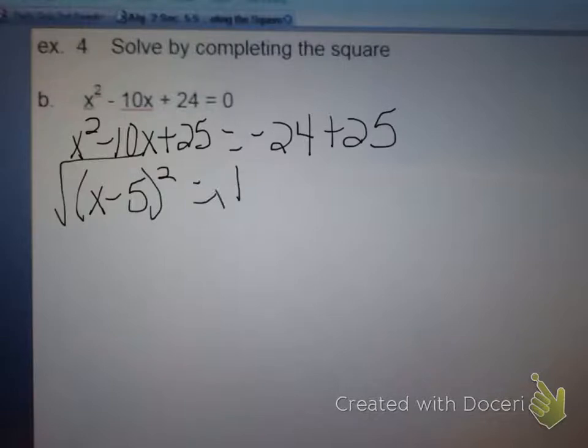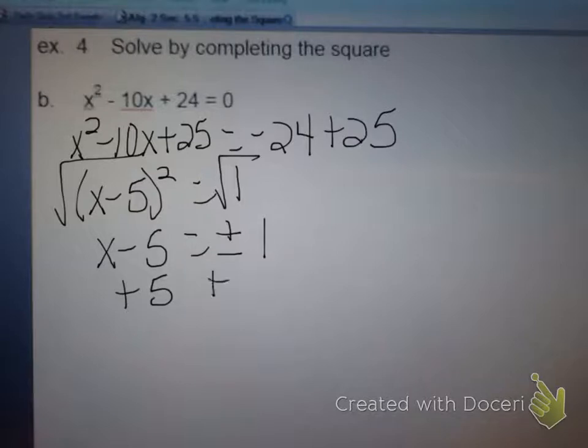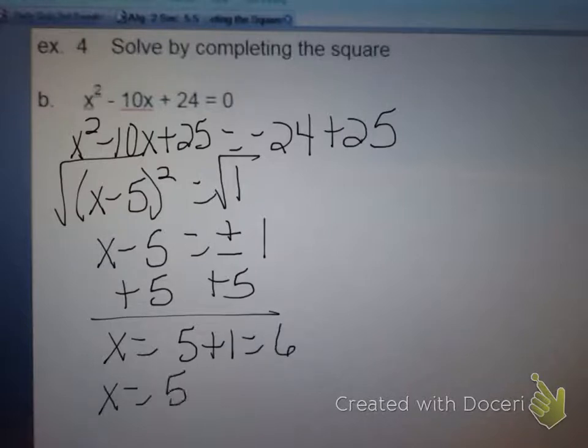Take the square root. So x minus 5 is equal to plus or minus the square root of 1, which is 1. Add 5 to both sides. X is equal to 5 plus 1, which is 6, and x is equal to 5 minus 1, which is 4.